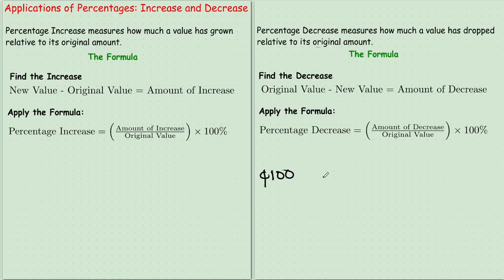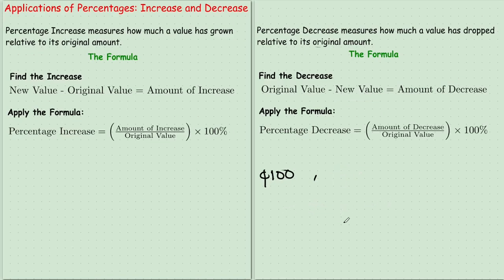If there has been a drop, then maybe you would want to resell it at 90 cedis. So if you want the decrease, it's going to be the original value, which is 100 in this case, minus the new value, which is 90, also giving us our 10.